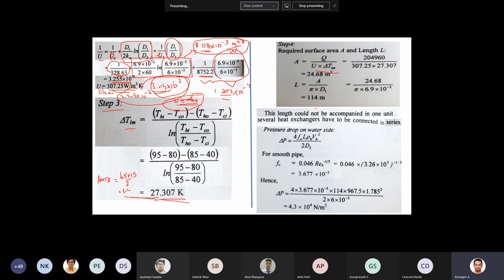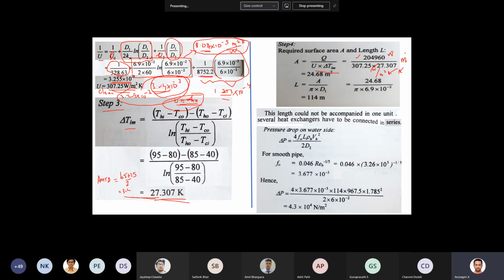Q has been calculated as 204.96 kilowatt, or 204,960 watt. This is your overall heat transfer coefficient calculated, in watt per meter square Kelvin. So your LMTD is in Kelvin.